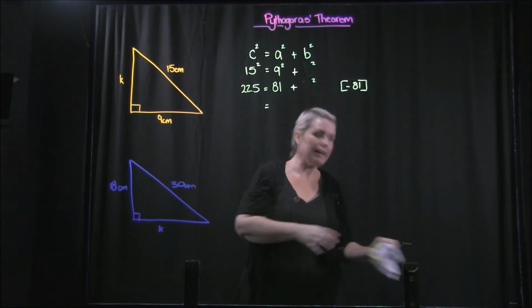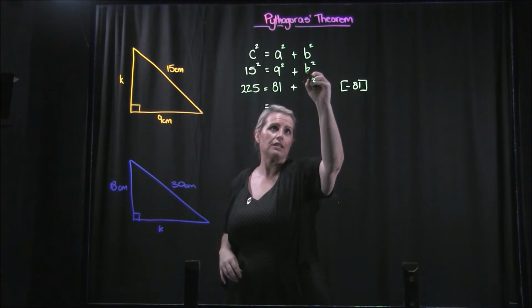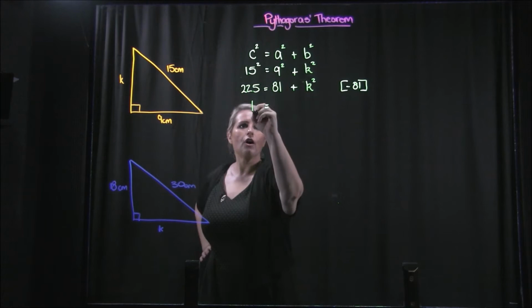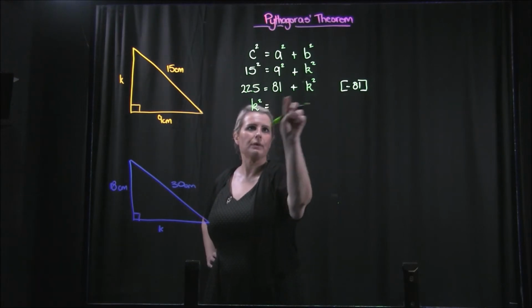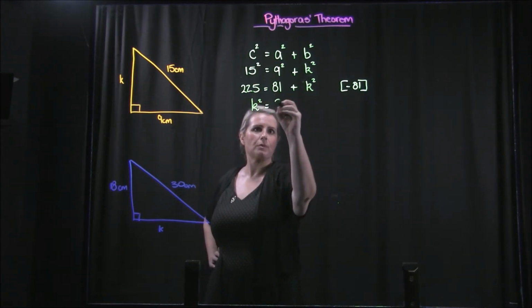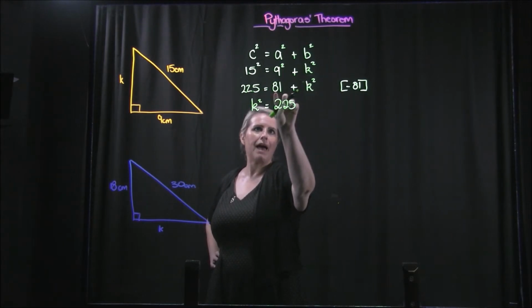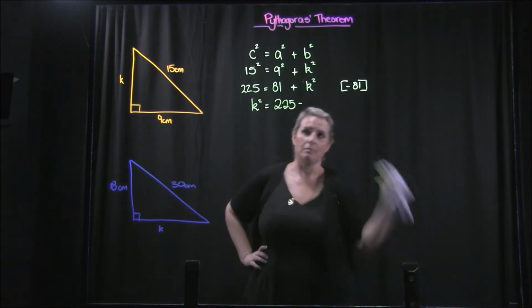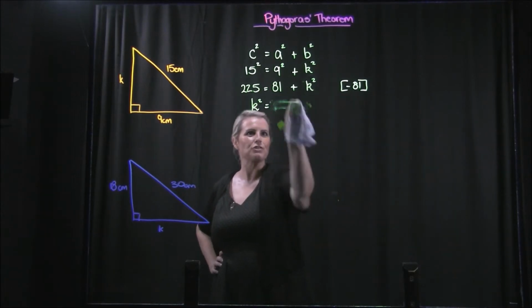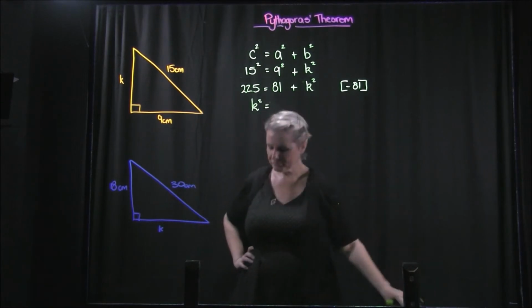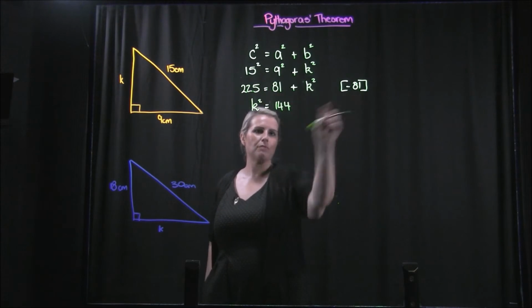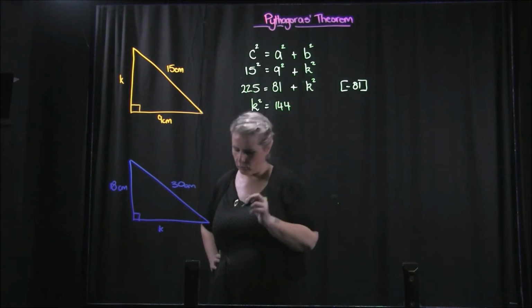Because they called it k, I should have this as a little k. So I'm just going to put it on the other side, k squared. So just a straight swap. So 225, and because I'm adding 81 here, I'm going to take 81. I get 144. 225 minus 81 is 144.